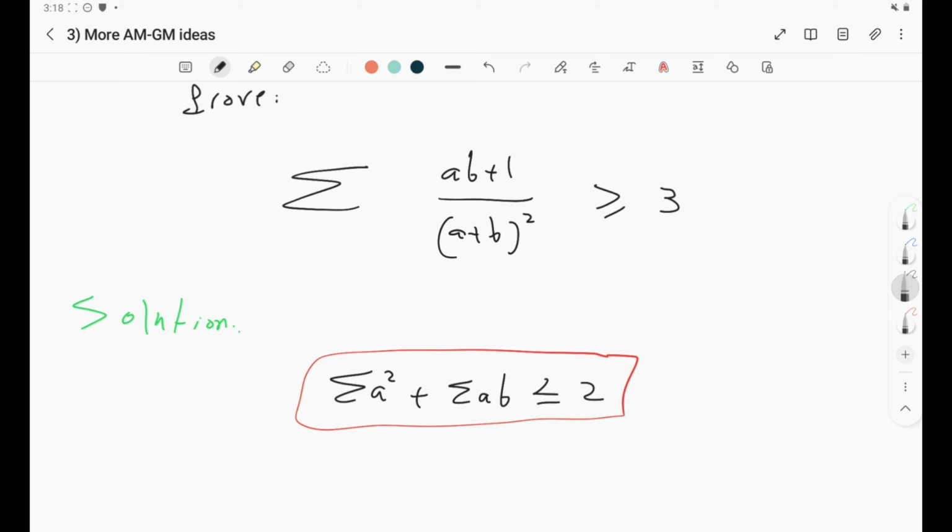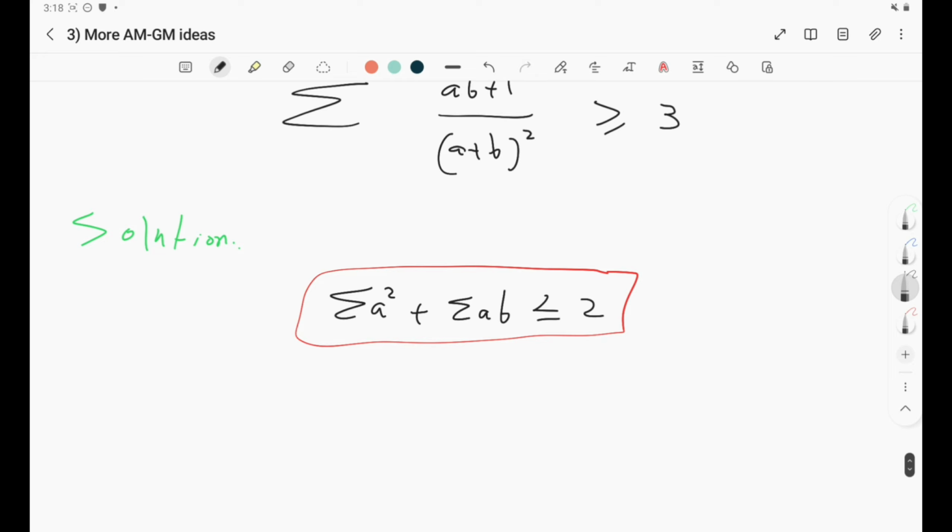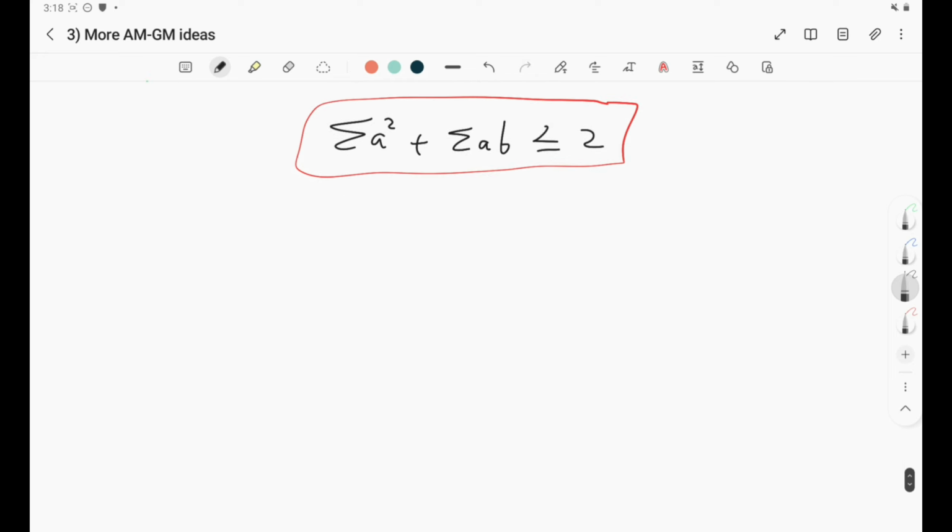So let's explain that. First of all, what does homogenization mean? What is a homogeneous thing, or a function maybe? Let's say we have some polynomial with more than one variable.